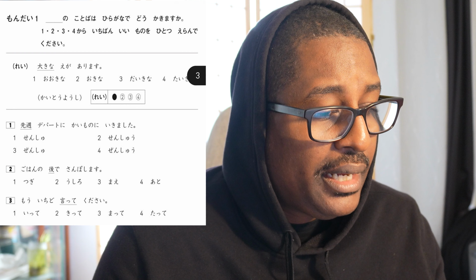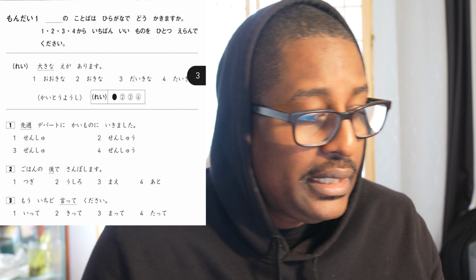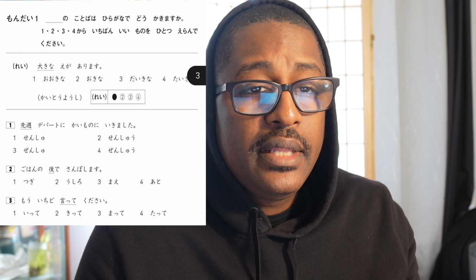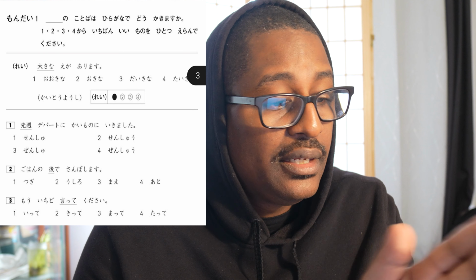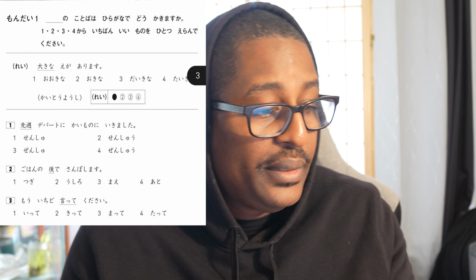And so it says blank, right? Blank depato ni kaimono ni ikimashita, right? And so you have to understand what that means. And so the first one says senshu, right? And then number 2 is senshu, a little bit elongated. Number 3 is zenshu, right?